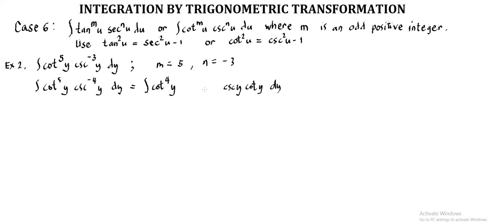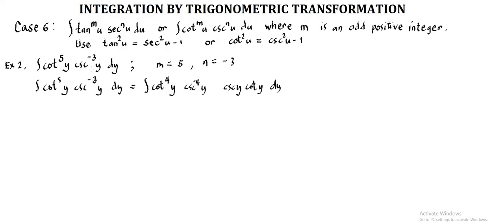At sa cosecant naman, matitira tayo ng cosecant to the negative 3 of y. Sorry, this must be negative 3, not negative 4. Ating problem, ang ating n, ang exponent ng cosecant ay negative 3.